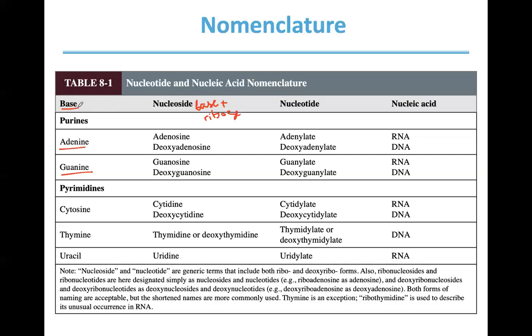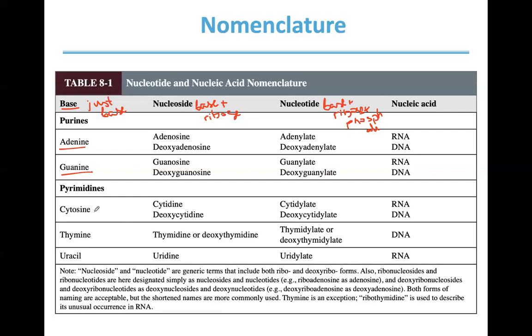This is just the base. Base plus ribose. Plus phosphate. So guanylate, deoxyguanylate. And then we'll have RNA and DNA.